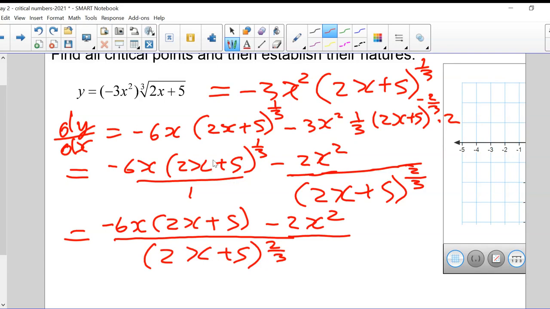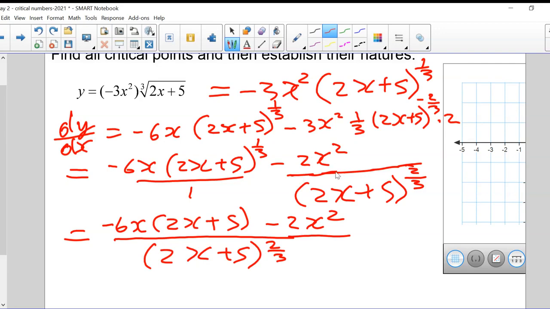So I have to multiply the top of this fraction by that. So 2x plus 5 to the 1/3 times 2x plus 5 to the 2/3. Same base, add the exponents. 1/3 plus 2/3 is 3/3 or 1. So this just becomes 2x plus 5 to the 1. And then we still have the minus 6x there. And then what would I multiply this denominator by to get this? It's just simply 1. So it's 1 times the top, which is minus 2x squared.